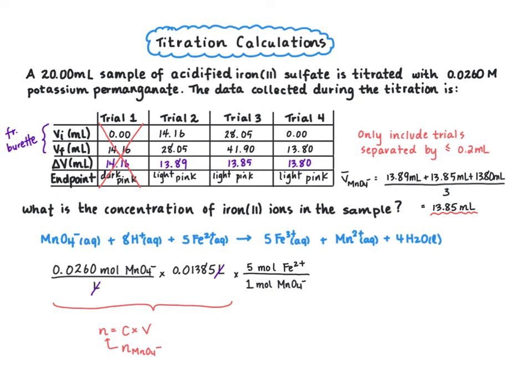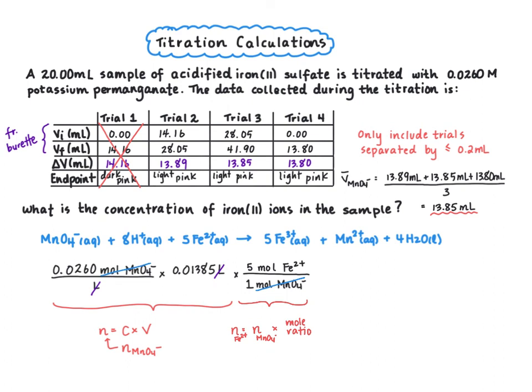And that again comes from this coefficient here. The reason that I put the permanganate on the bottom is now my moles of permanganate are going to cancel. And so all I've done here is I've determined the moles of iron by taking the moles of permanganate and multiplying them by the mole ratio.